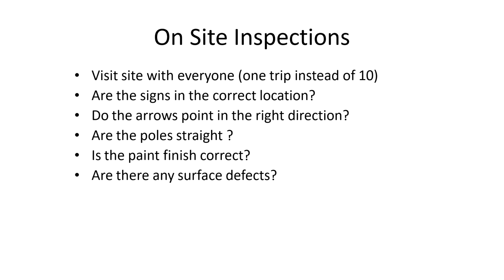Then, in the inspection process, we need to check, are the signages on the correct locations? Are the signages positioned correctly? The arrows in the sign, are they correct? Suppose we have designed certain signages.